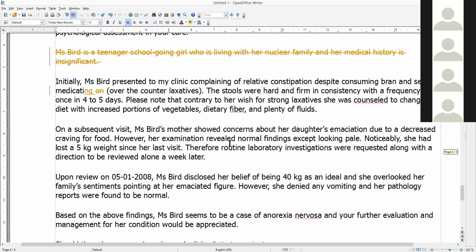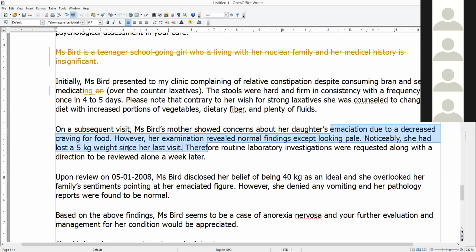On subsequent visits, the mother showed more concern about her daughter's emaciation. Emaciation. Are you sure? Emaciation is a little bit strong, I think. Due to a decreased craving. You mean her appetite was a little off, which is not the same thing.